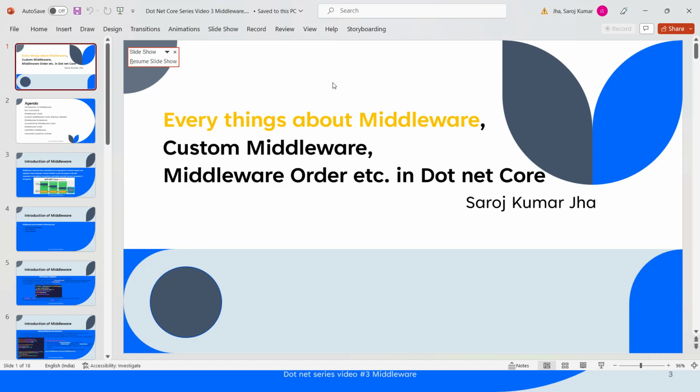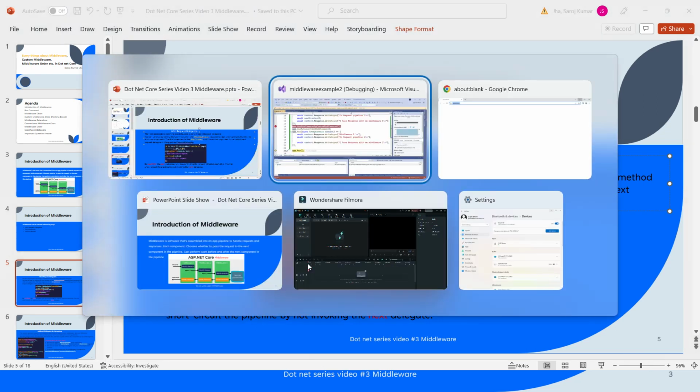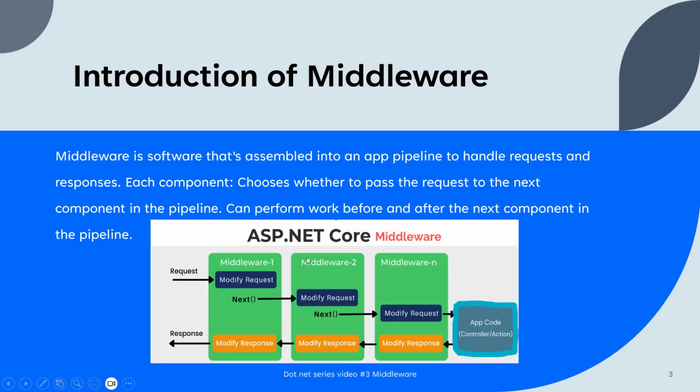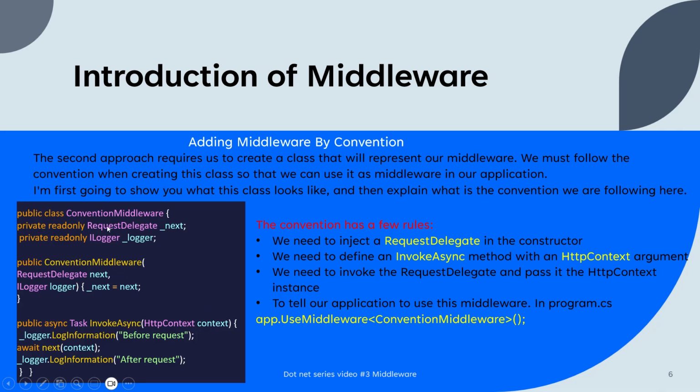Let's see what our next one is. We have already seen this with the request delegate. So we can create a middleware by using the use method, and then we can create a conventional middleware like this.